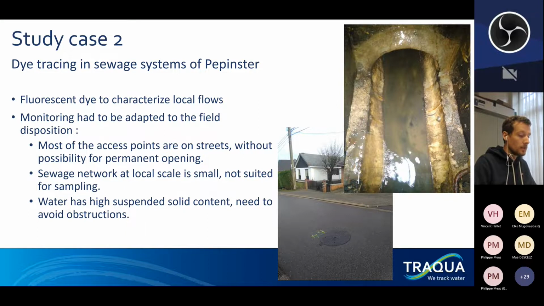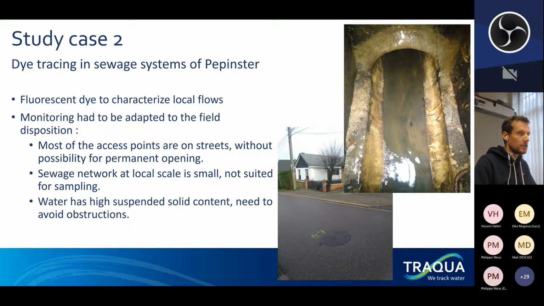But of course, there were some technical limitations for the implementation of dye tracing in such a context. First of all, most of our access points were on the street, on sewer holes, so you cannot leave those holes open for days, even for hours, because the traffic is running at the surface. So you definitely need to hide yourself and your equipment inside the sewage system.